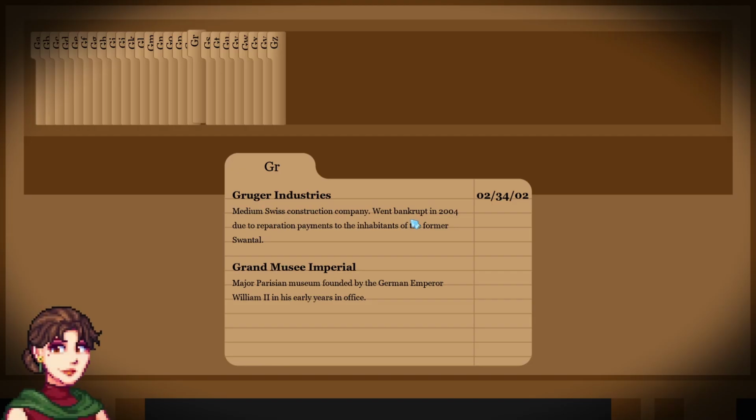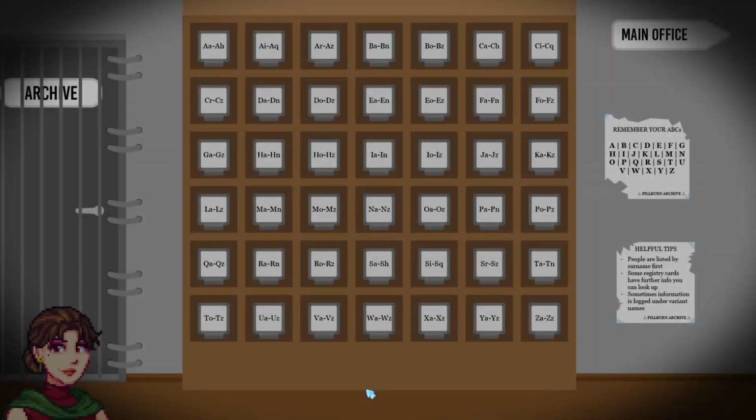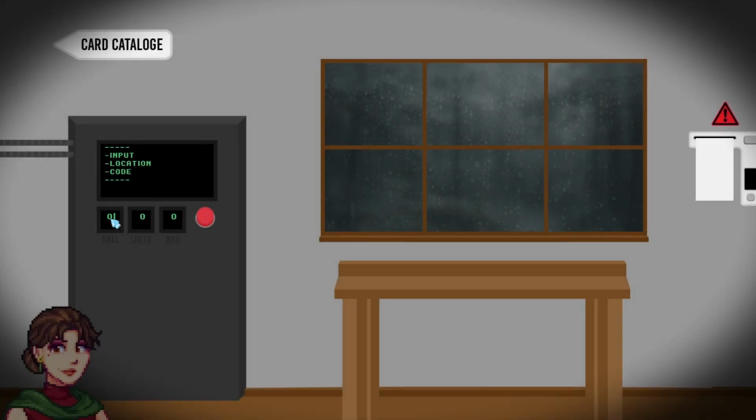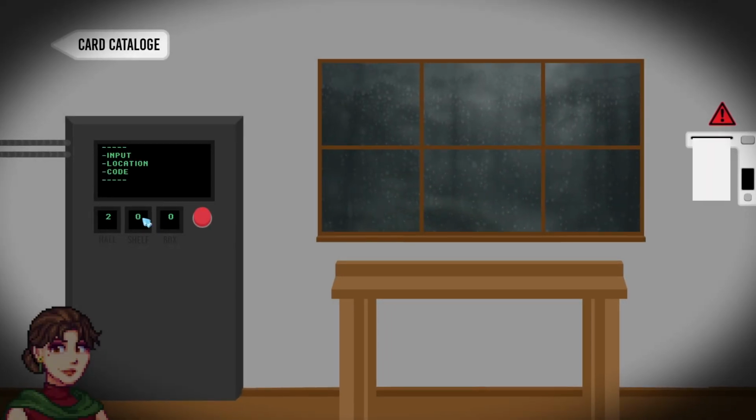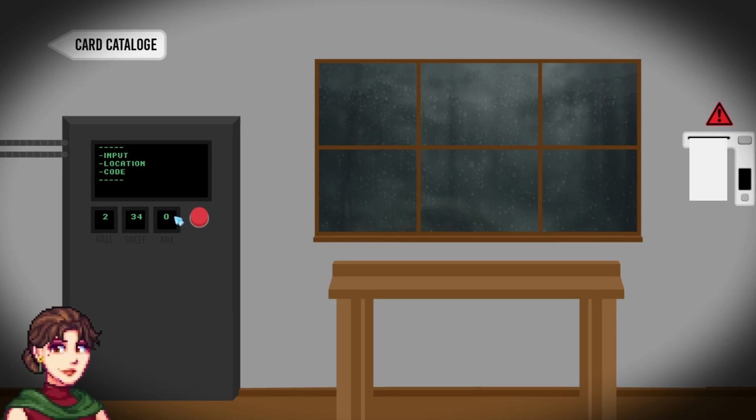I did take a look at this thing. Went bankrupt in 2004 due to reparation payments to the inhabitants of the former Swansell. And there's something about them as well.